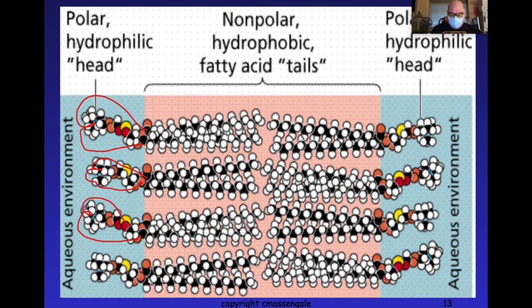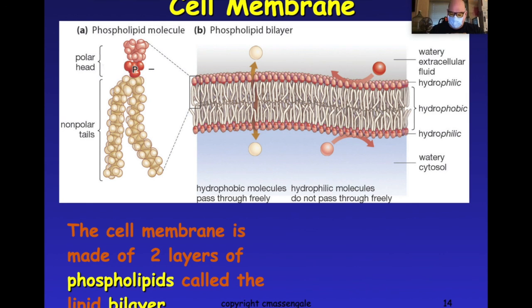If there's water everywhere, the only place to hide from water is by pointing toward each other, and so the tails point toward each other, and we see them again line up like this. So the red, sort of pink part here loves water. This area right here doesn't like water. So because there are two layers, and we call these things phospholipids, a set of these is called a phospholipid bilayer.